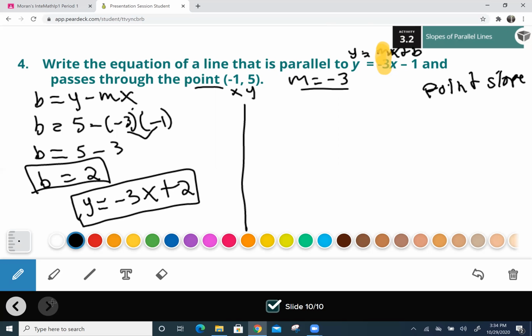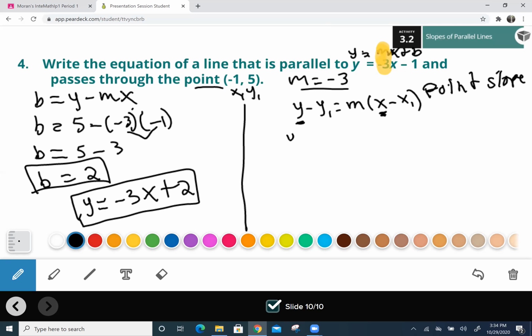So it goes like this: y minus y1 equals m parentheses x minus x1. This y right here and this x right here, they don't change. They're still always going to be y and x. The y1 and the x1 are going to be replaced by the point's coordinates, and your m is your negative 3.